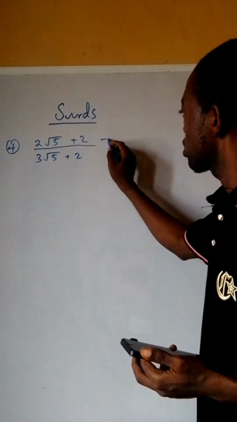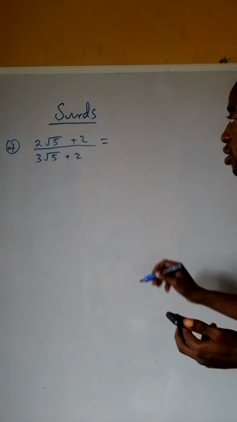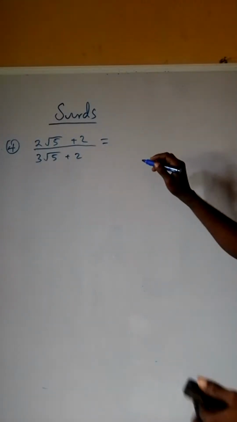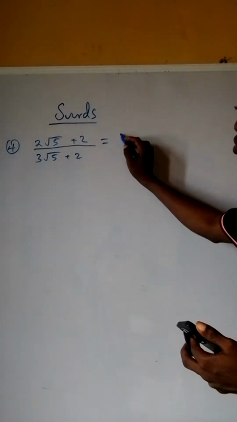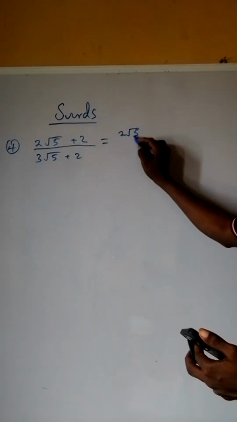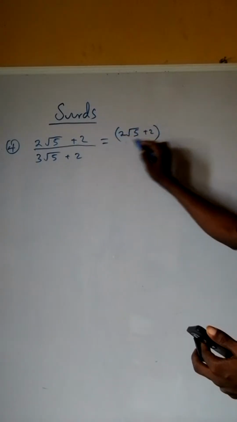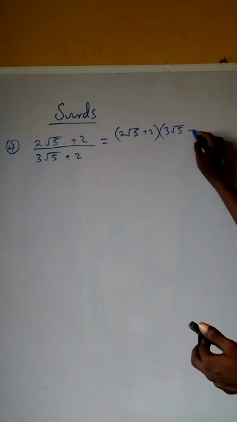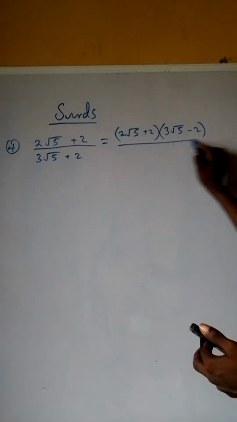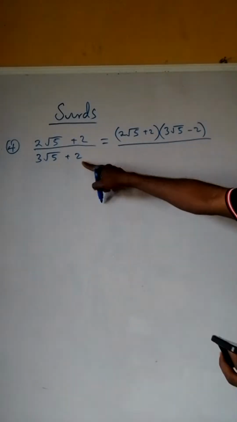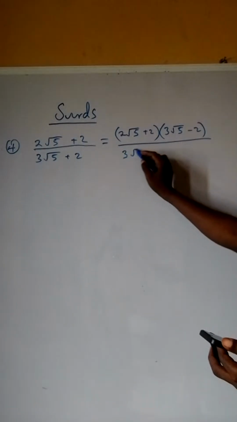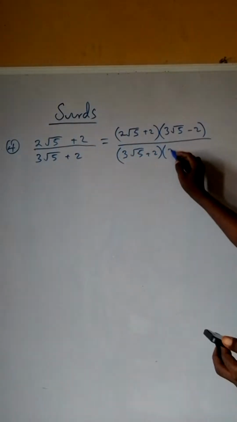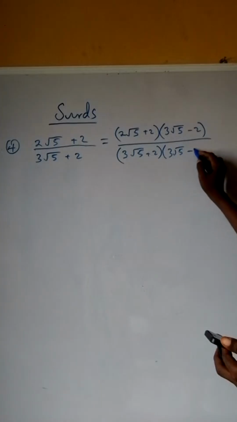So we want to rationalize this here. That is, we multiply and divide by the conjugate of the denominator. So here we have 2 root 5 plus 2 times the conjugate, we have 3 root 5 minus 2, then divided by, also multiply this by the conjugate, we have (3 root 5 plus 2) multiplied by (3 root 5 minus 2).